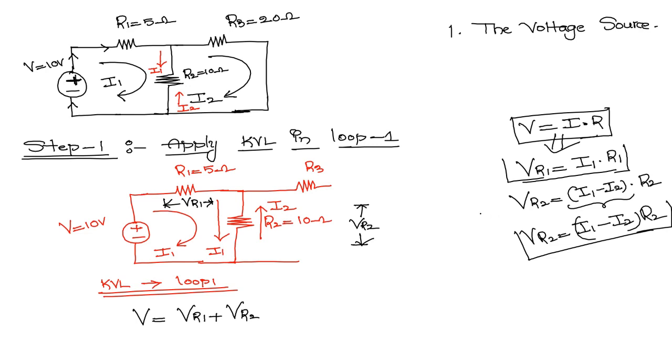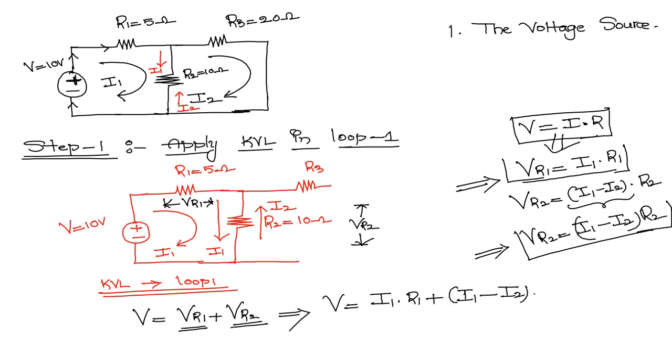Now substitute these values instead of VR1 and VR2. Clear? Now see what I am doing. V is equal to VR1, meaning I1 into R1, plus VR2, meaning I1 minus I2 into R2. Now simplify.